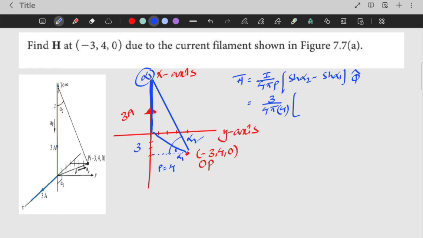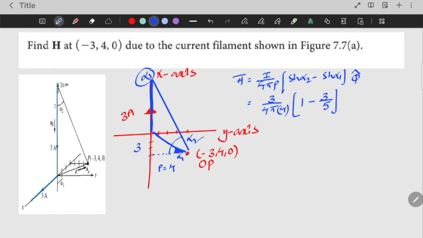So alpha 2 is 90 degrees, which means sin alpha 2 is 1, minus sin alpha 1. With respect to alpha 1, if you see the diagram very carefully, the opposite side is 3. The hypotenuse we need to write, that is this one, square root of 3 square plus 4 square, that is 5.